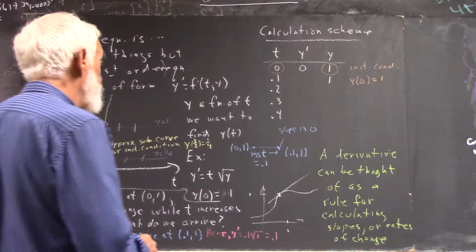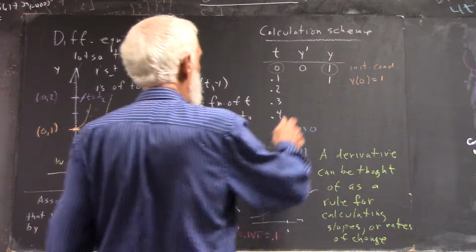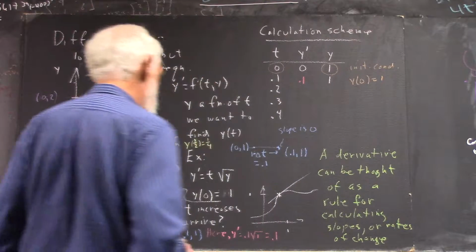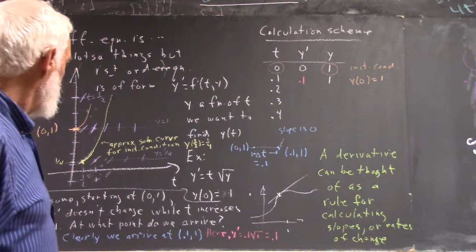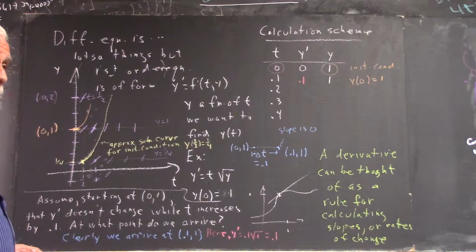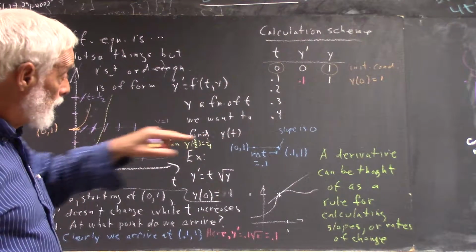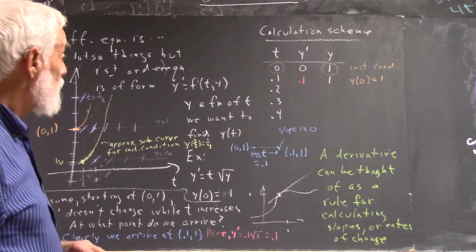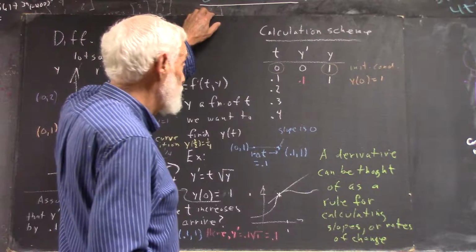Now the question is, what happens if we move another tenth, if we let t increase by another 1/10? You want to speculate maybe on what happens?